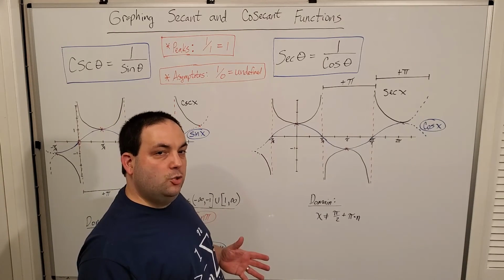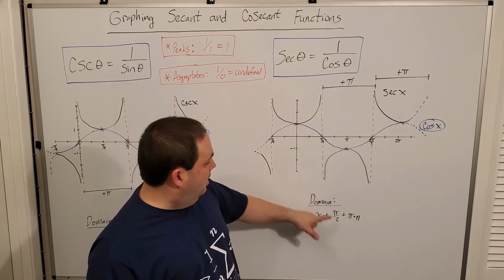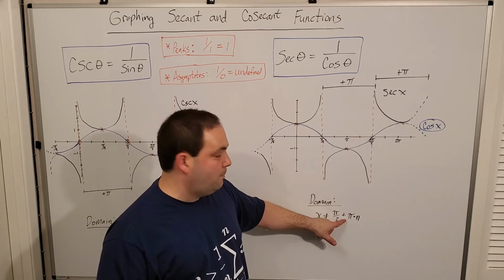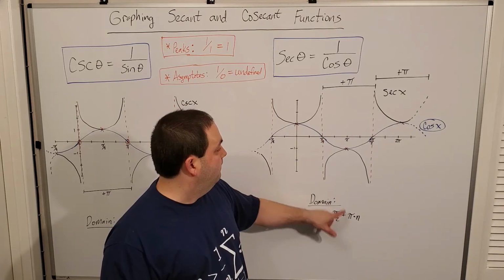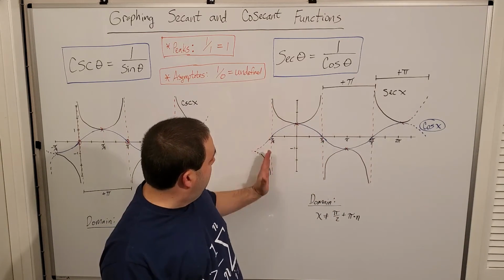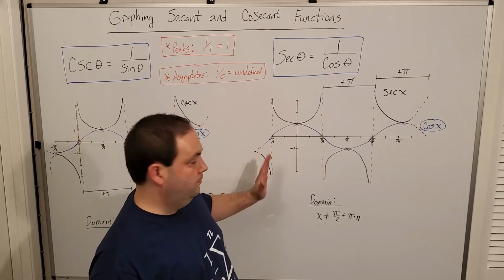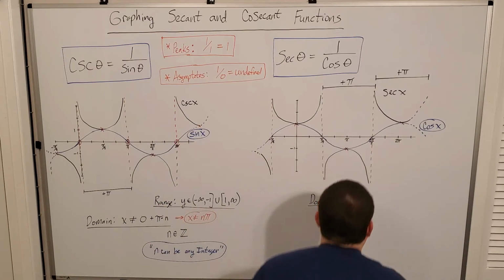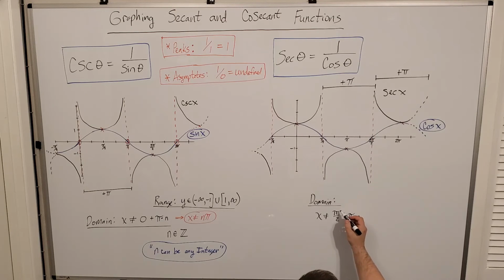Any number of pi's you wish. And we can even go backwards, because pi over 2 minus pi, that would be a -1, right? Minus pi would give me negative pi over 2. And then, of course, this is my domain. And then I have to qualify it. N can be any integer.